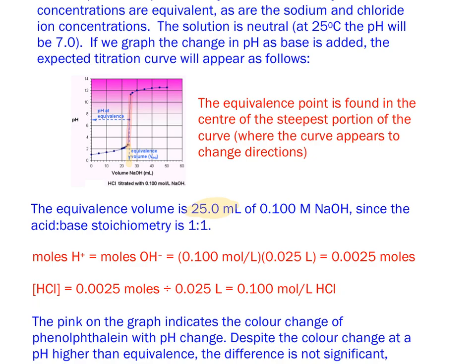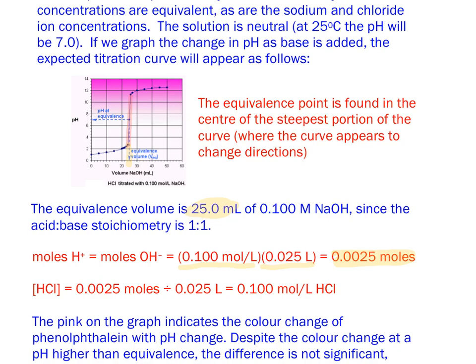It's 25 mL of 0.1 molar sodium hydroxide, and because there's a 1-to-1 molar ratio with sodium hydroxide and hydrochloric acid, if we find the number of moles of sodium hydroxide, they'll also equal the number of moles of hydrochloric acid. So we find that there's 0.0025 moles of sodium hydroxide, and we find that by multiplying the concentration by the volume.